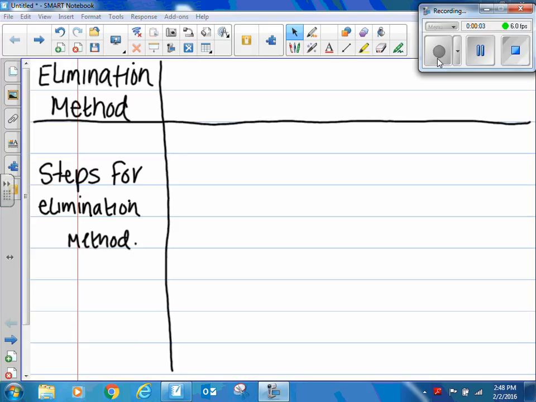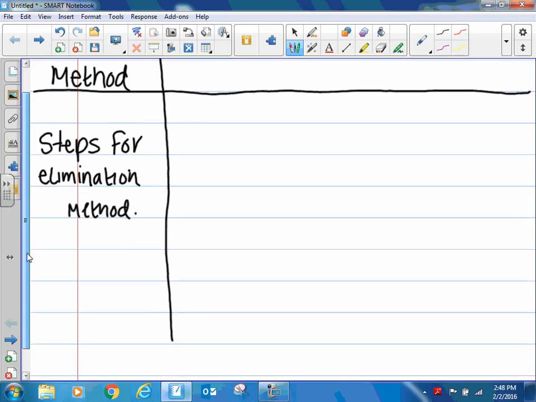Today's video is going to talk about the third and final method for solving a system of linear equations. So far we've done solve by graphing and solve by substitution, and now we're going to solve using the elimination method. We have a couple of steps to go through.